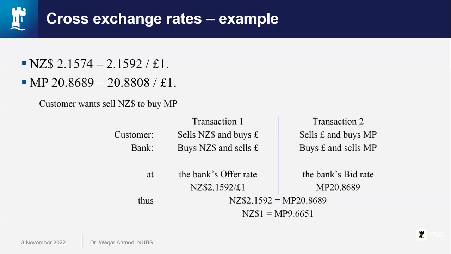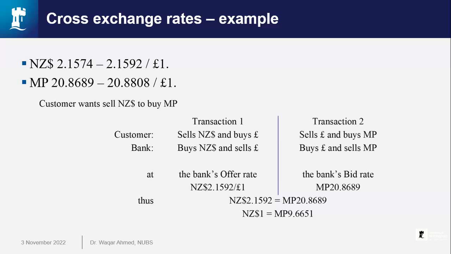So here we do the following two transactions. The quotes are given. In the first transaction, the customer will sell New Zealand dollars and buy pounds. When the customer sells, what will the bank do? They'll go for the ask or offer rate.